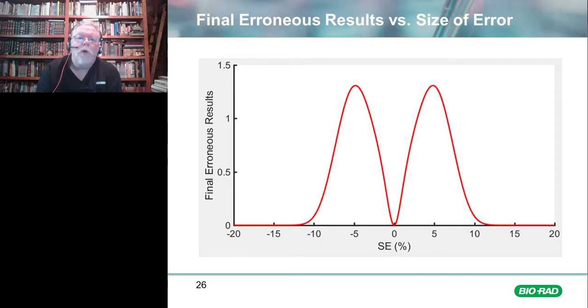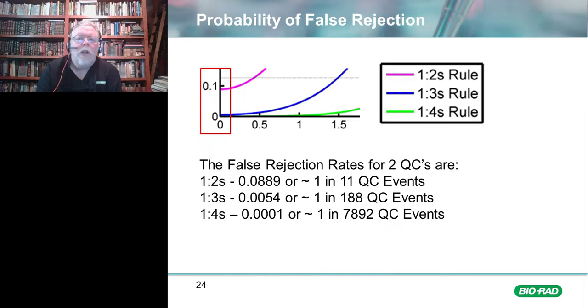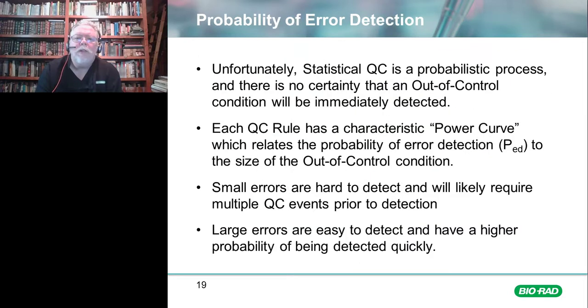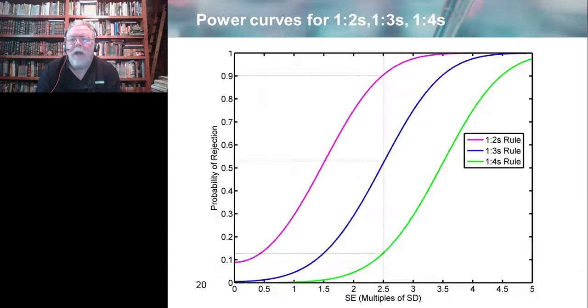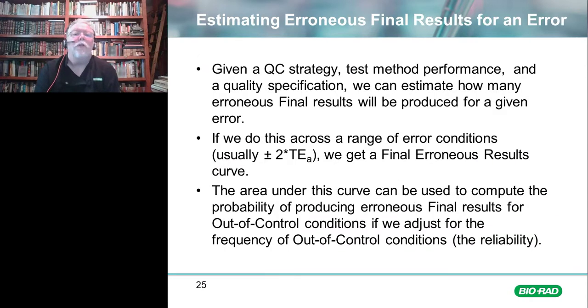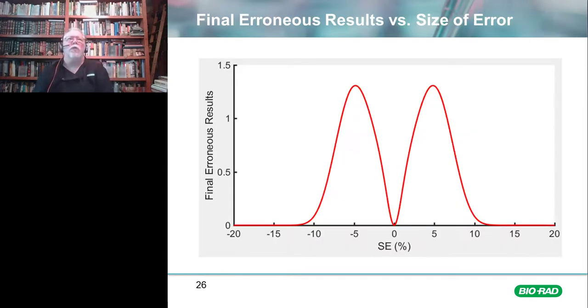So if you recall from the other graph that we looked at, let me go back to it real quick here. When we look at just the number of erroneous results, well, that just goes up until it plateaus and it never gets lower because, of course, as the amount of error condition grows, so does your probability of producing an erroneous result.